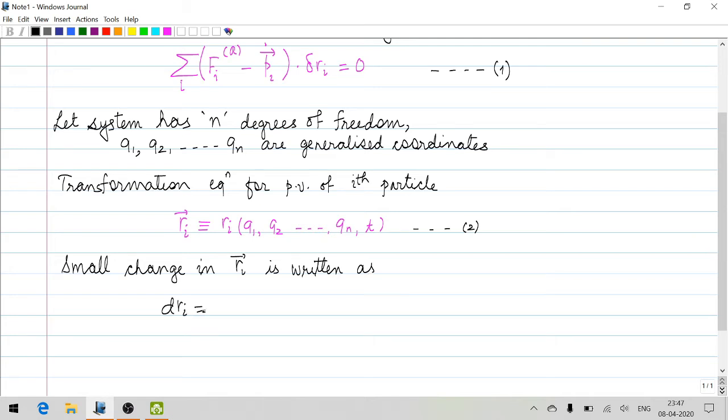Since Ri is a function of q1, q2, ... qn variables, we apply the chain rule to find out the net change in the position of Ri, or the ith particle. So this will be written as dou Ri upon dou q1 dq1. So here dou Ri upon dou q1 is the rate of change of position vector of ith particle when small change in q1 is dq1.